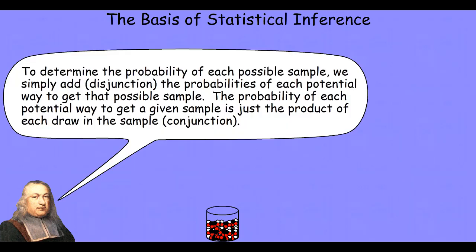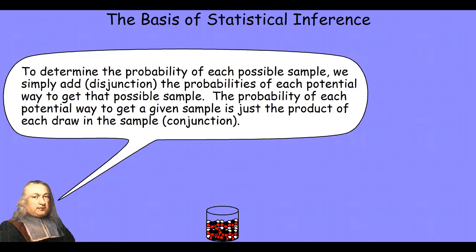To determine the probability of each possible sample, we simply add, that is, we use the restricted disjunction principle, the probabilities of each potential way to get that possible sample. So there may be a number of different ways. We could get it this way, or that way, or this way, or that way. Since there's only one outcome, we know that they're exclusive, and so we can use our restricted disjunction principle and add the probabilities for each of the possible outcomes.